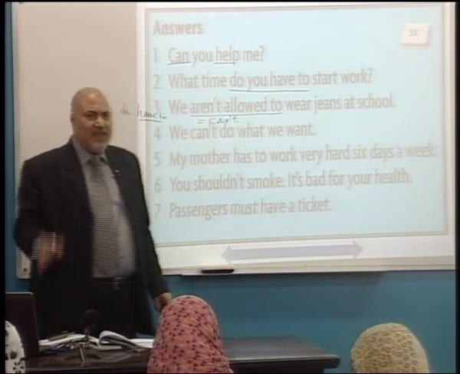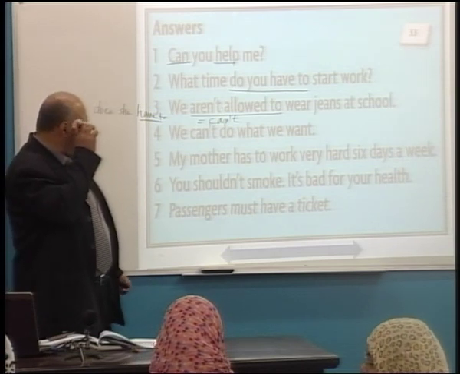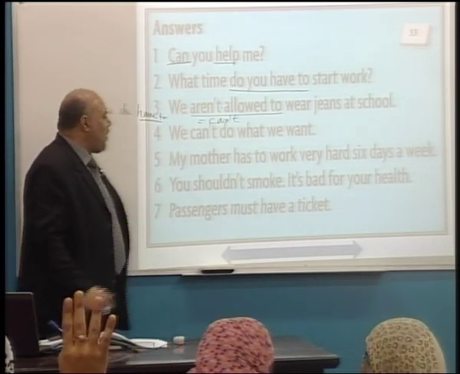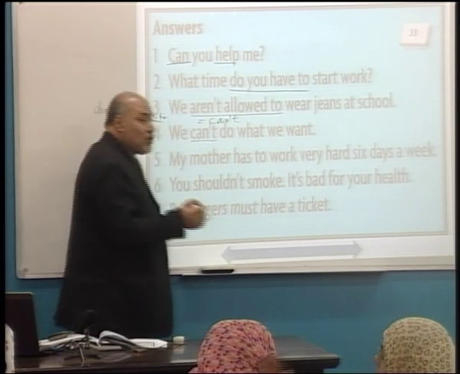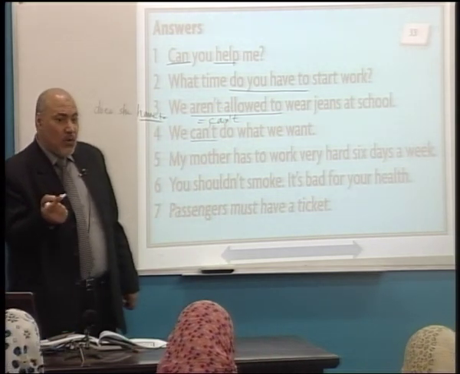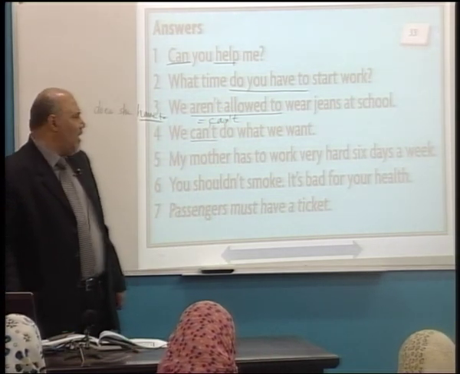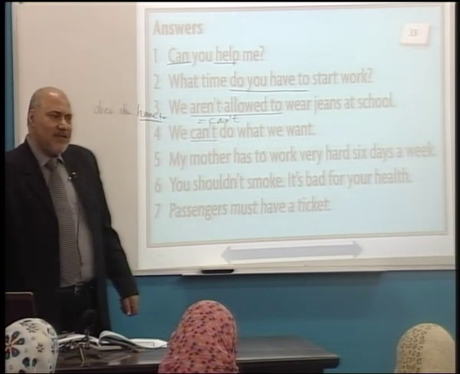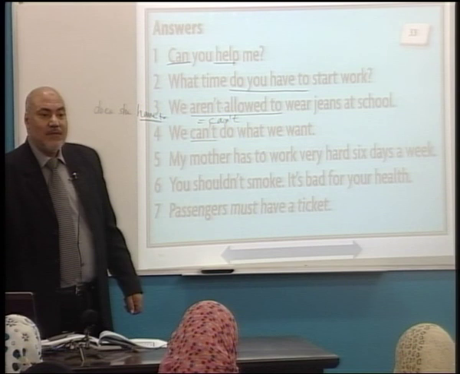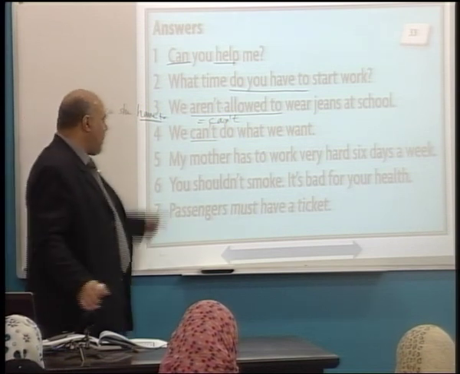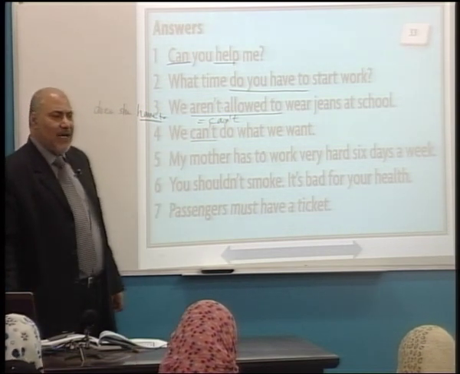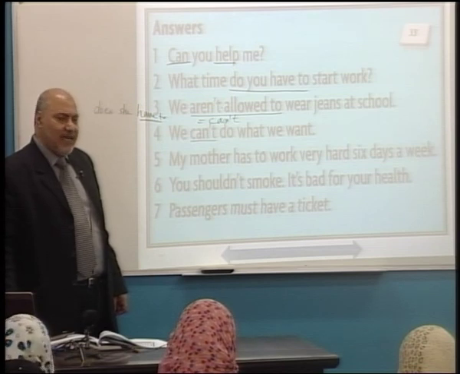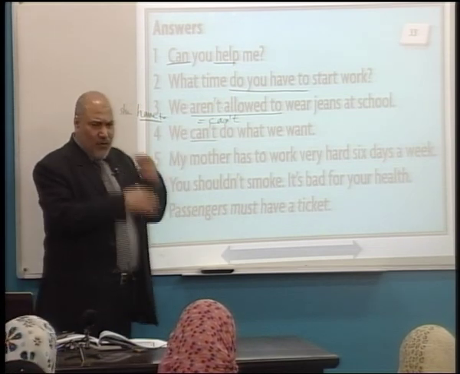Yes, not with the helping verb. Number four, we can't. Not no can. No, we can't. Do what you want. We shouldn't. We mustn't. We don't have to. Yes. And if it is he, can't. She can't. I can't. We use can for all the persons.